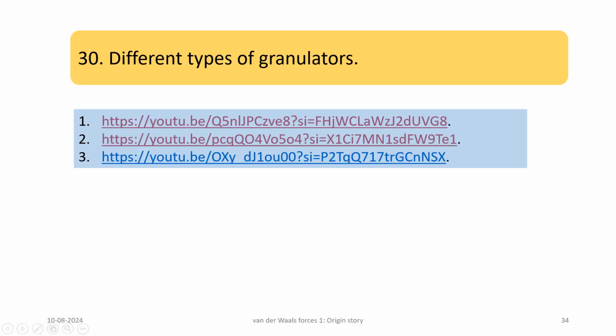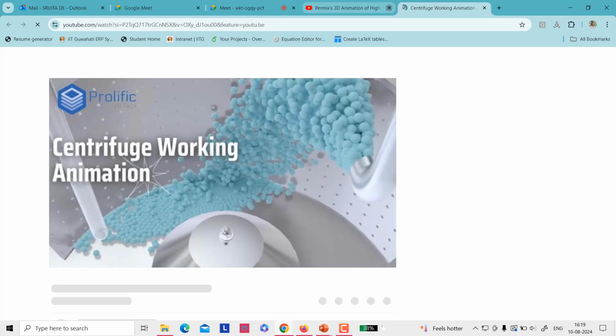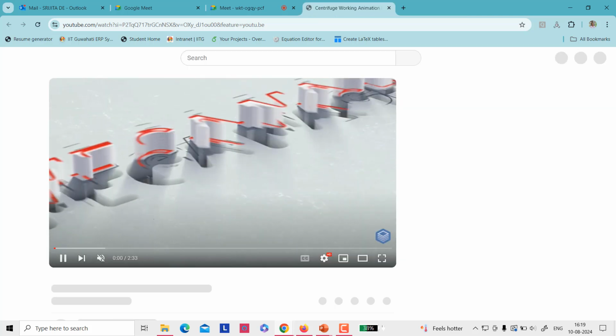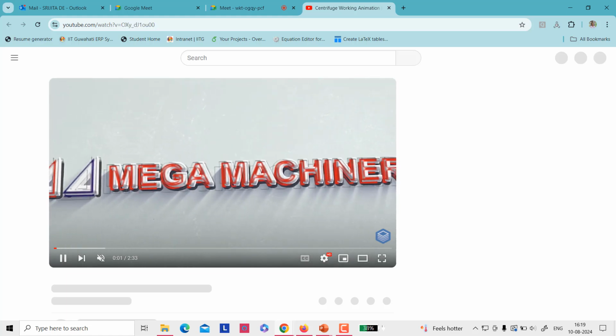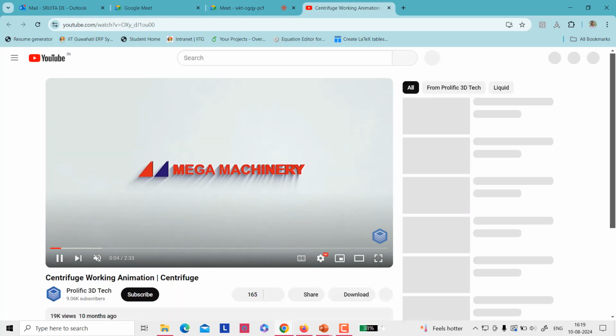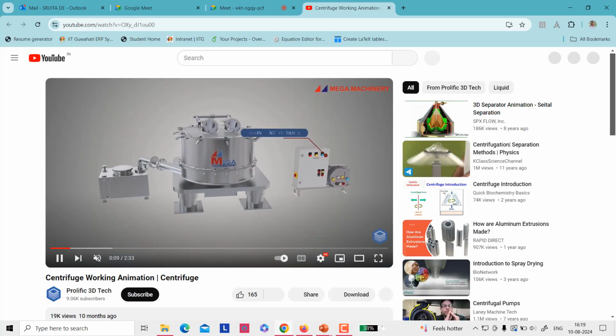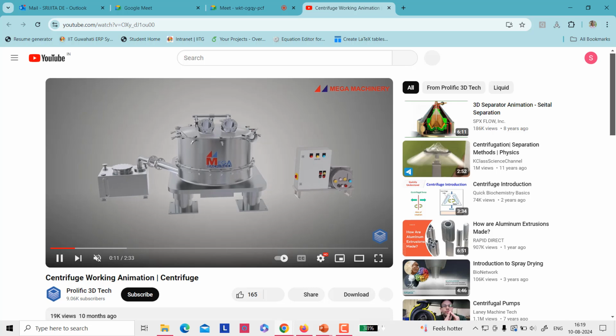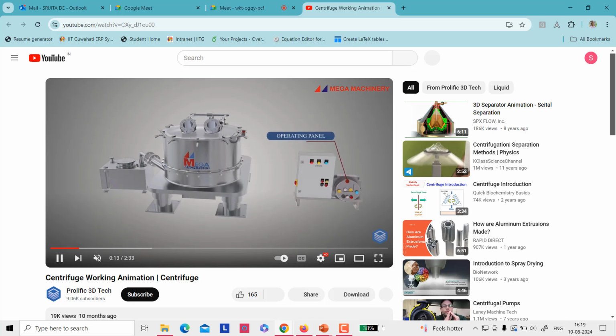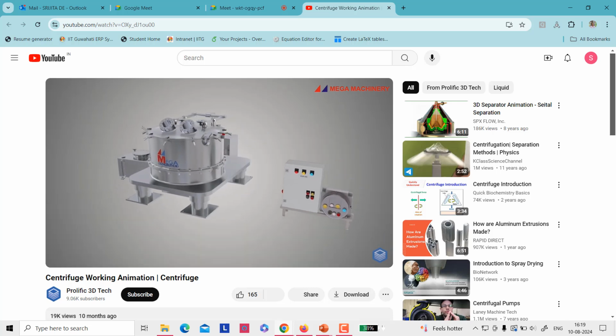The last one is the centrifuge granulator. In the centrifuge also, the particles rotate around the axis and experience centrifugal force, and that is how they are attached to each other and create granules.